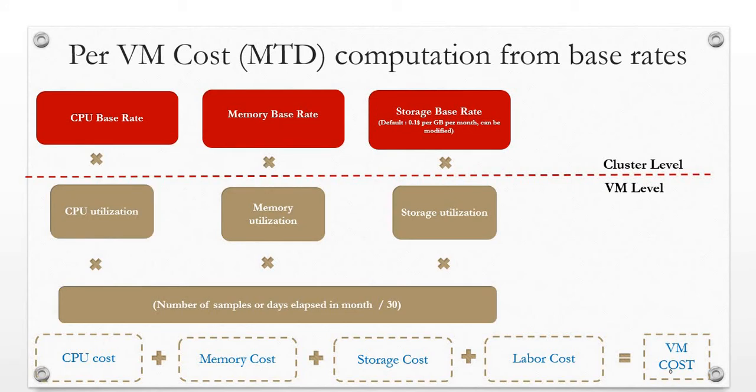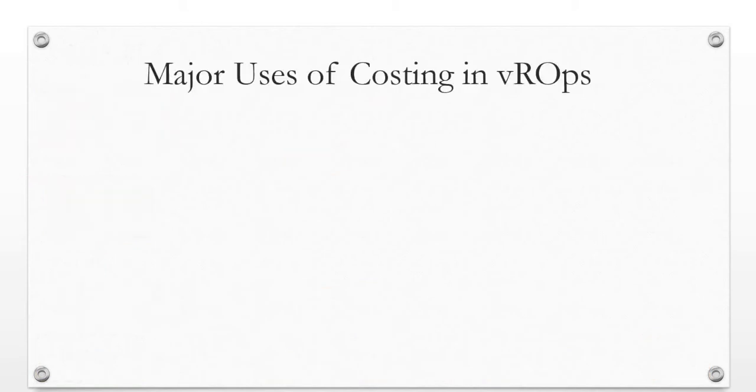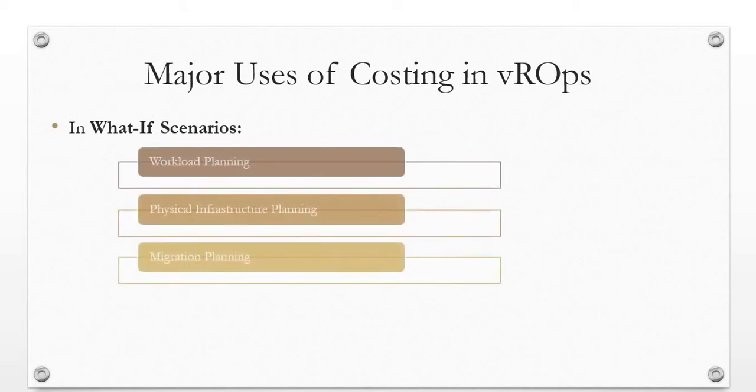Now let's see what the use of costing in vROps is. It is used in what-if scenarios that are workload planning, physical infrastructure planning, and migration planning. Workload planning. This scenario determines if the new virtual machines will fit in the current environment or not.